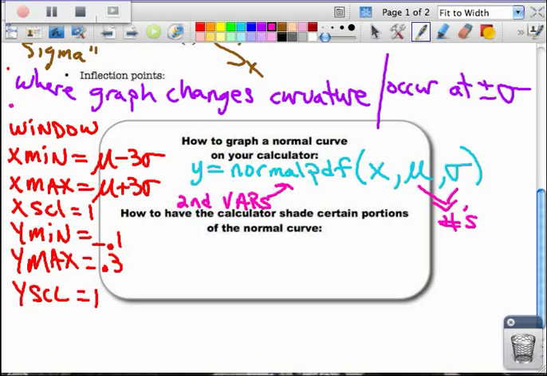Another thing that you should know is how to shade in this normal curve that you're going to be graphing. So, kind of the last thing I'm going to tell you about memorization stuff or things that you can do on your calculator is there's something called shade.